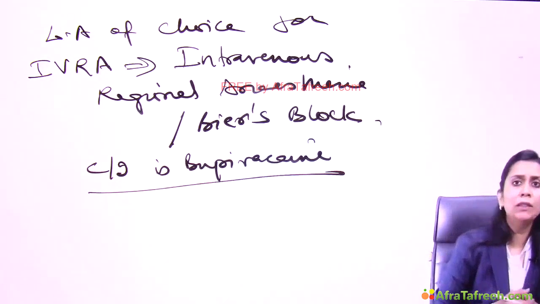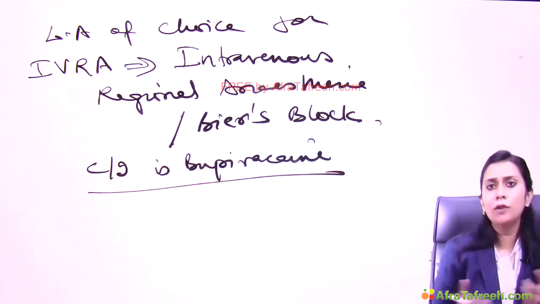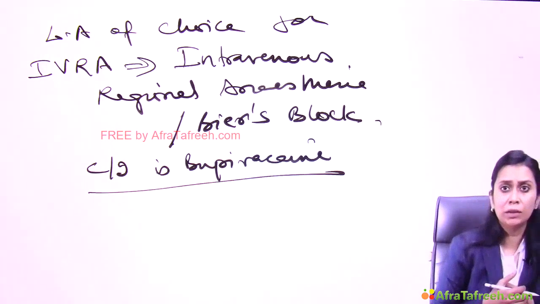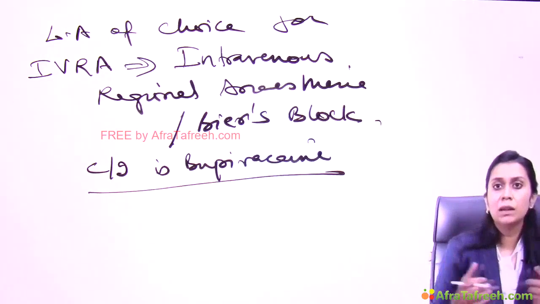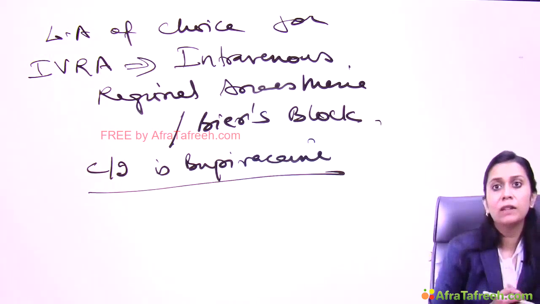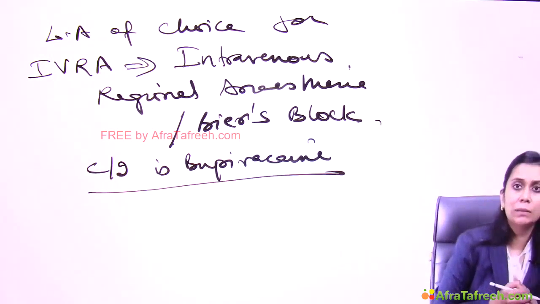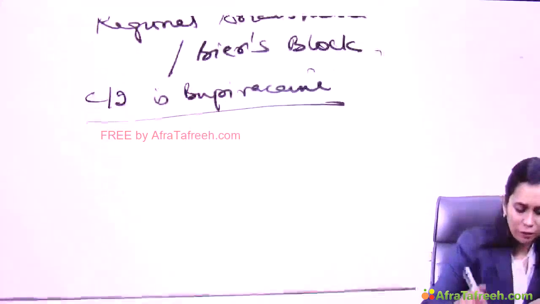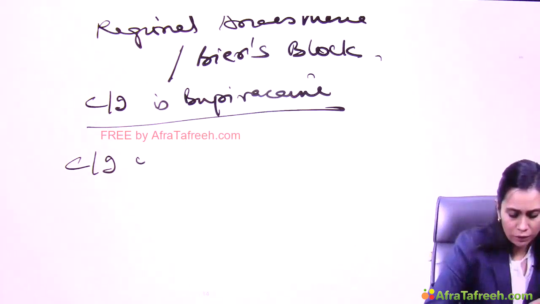Okay. Guys, we tie a tourniquet in normal people. If we tie a tourniquet for upper limb for 1.5 to 2 hours and lower limb 2.5 to 3 hours, there won't be any ischemia, etc. But in some patients with diseases like peripheral vascular disease, sickle cell anemia, the tourniquet cannot be tied for that long. So there are a few contraindications of IVRA which we have to know.